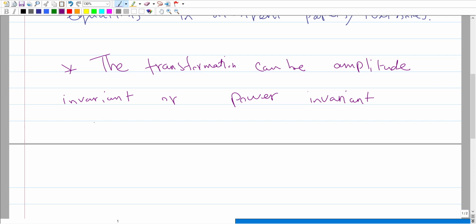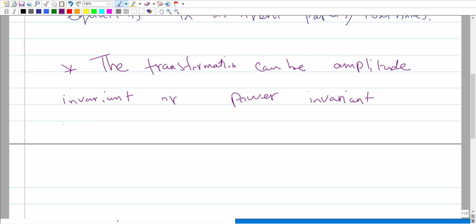Amplitude invariant means for the very special case that you have ABC variables, steady state, sinusoidal, balanced, positive sequence quantities, then they will be transformed to steady state, two-phase, balanced, sinusoidal quantities with the same amplitude as the original three-phase quantities. Of course, there is one exception, that the two-phase transformed variables are not sinusoidal, and that is the synchronous reference frame.